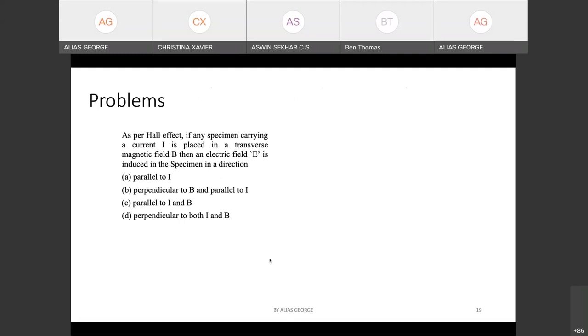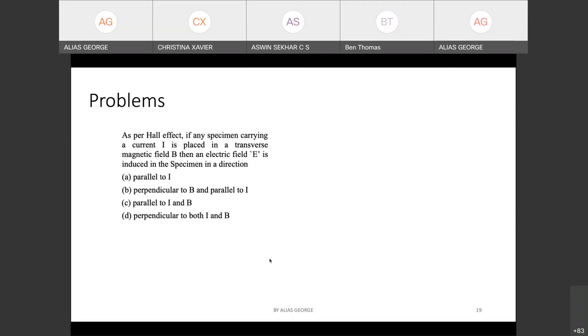Now some problems we can practice. We are all done with the theory. Can Christina say this answer? Please read this. Please remember that we are applying current and magnetic field. Okay, Christina, hello.